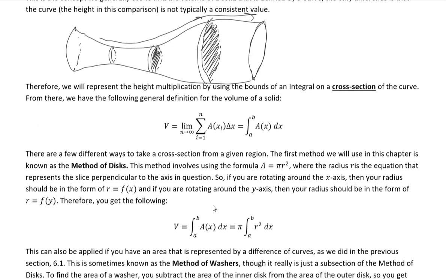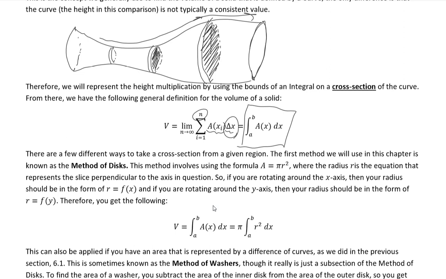We're taking the area of each of these slices, multiplying by how wide they are, and overall trying to decrease the width or increase how many of these intervals we have. So we can find the volume of anything by looking at the integral of the area of a cross section.